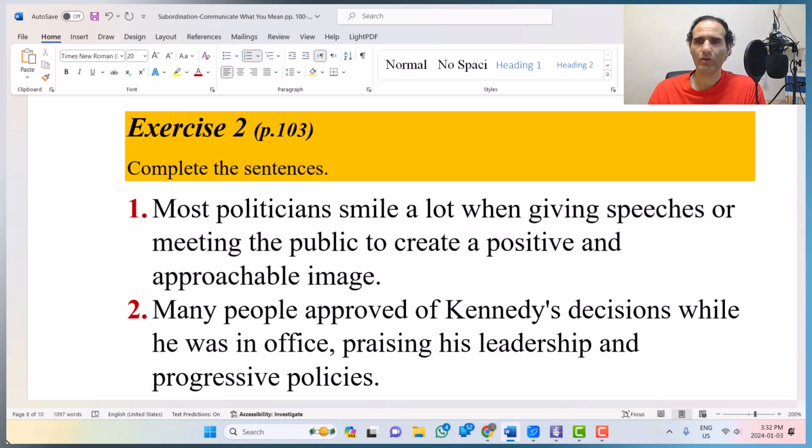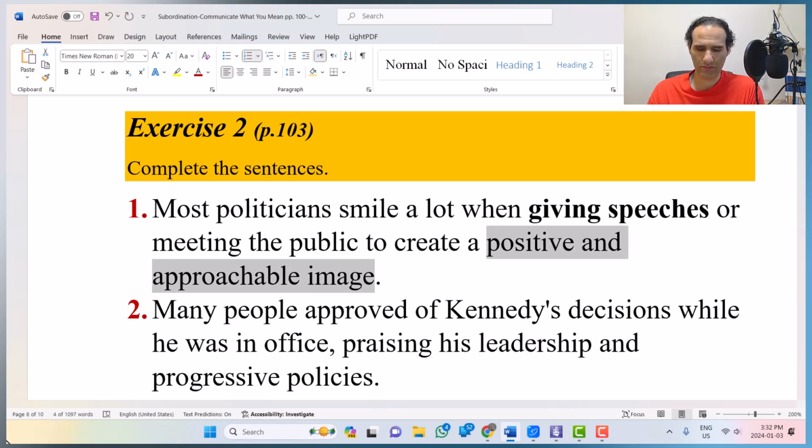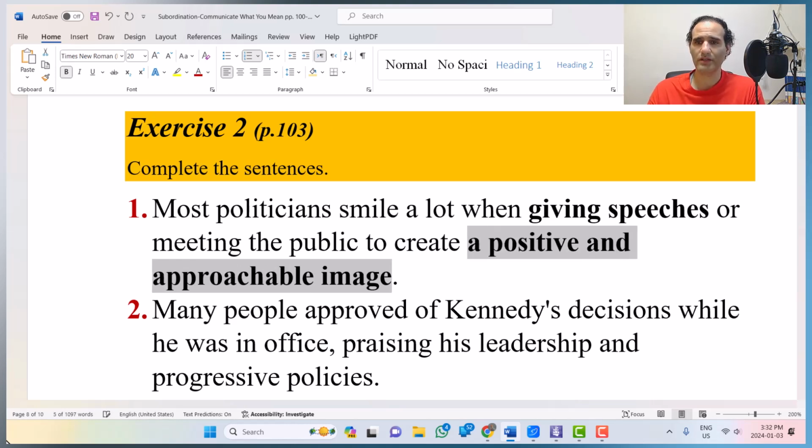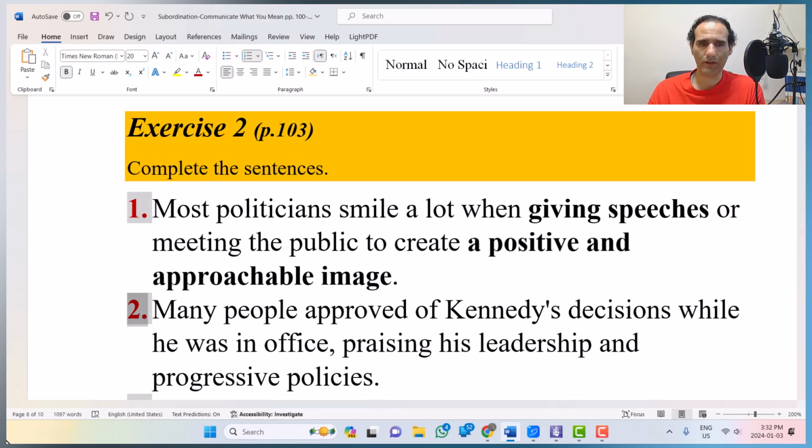Okay, so we got a collocation here: give speech, meaning people create a positive and approachable image. Beautiful. It's a beautiful phrase. I recommend you transfer it into your vocabulary notebook.